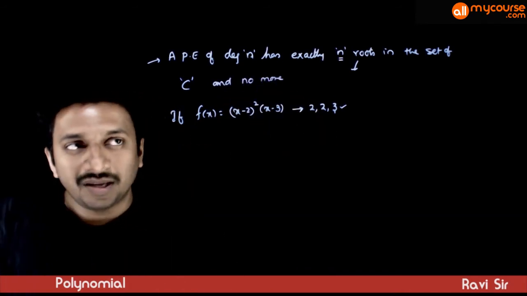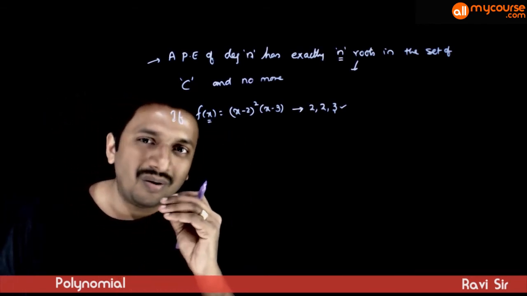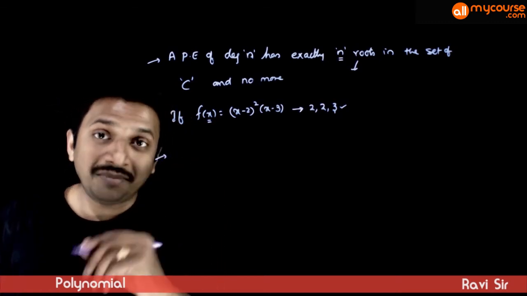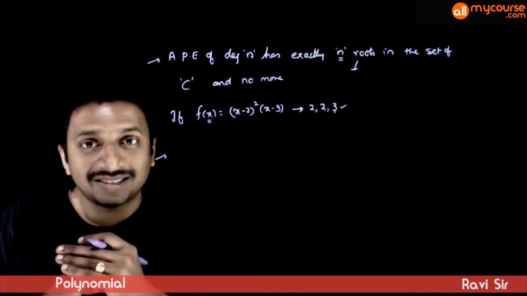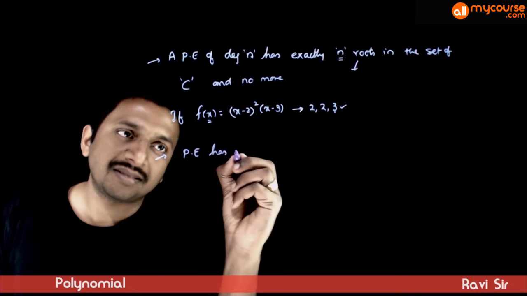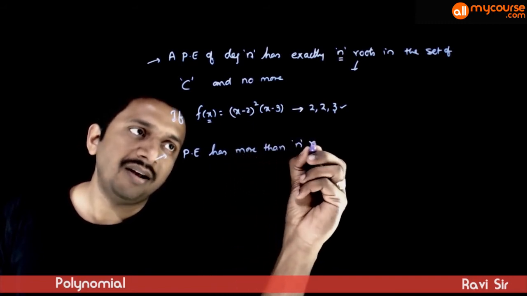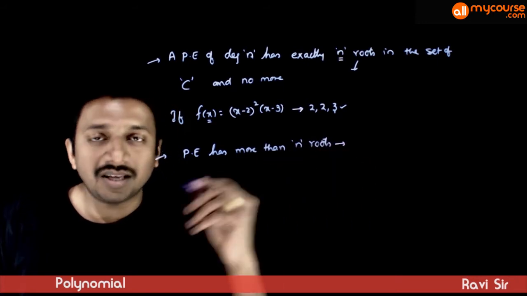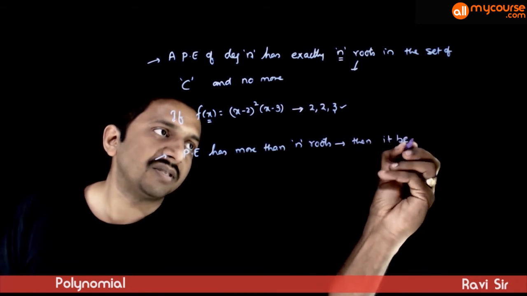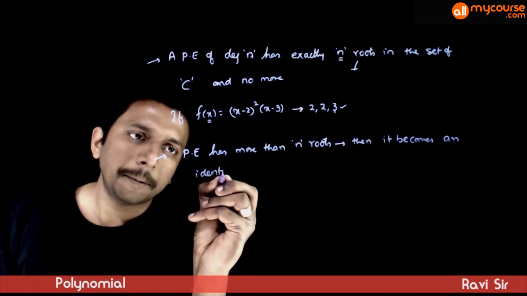That means f of alpha will be equal to 0 only n times and not more than that. If in a problem it is claimed that a polynomial equation has more than n roots, then there is only one option, then it becomes an identity.